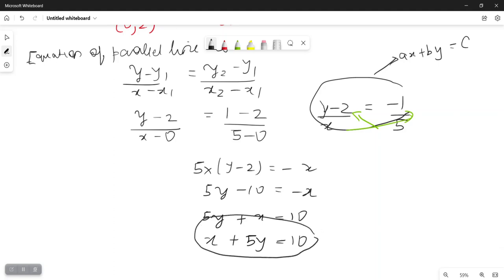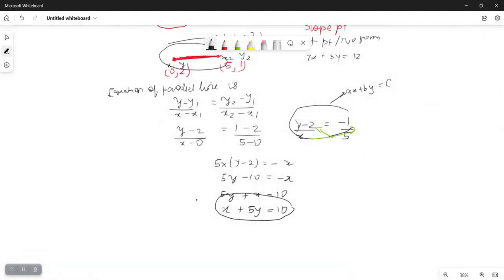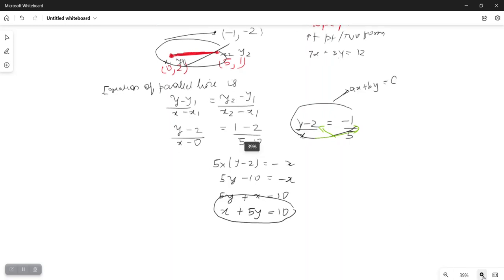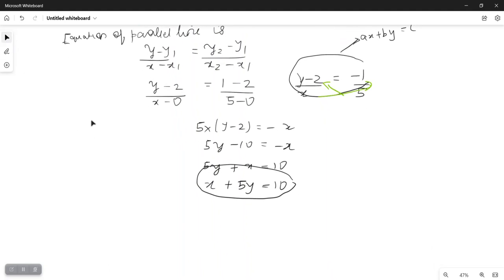Basically, to observe properly on the graph, we have now got the equation of this line. Our aim is to now use this line and find its slope. Finding the slope of this line is pretty easy because now it is in the form that we want. We keep 5y on one side and take x on the other side.